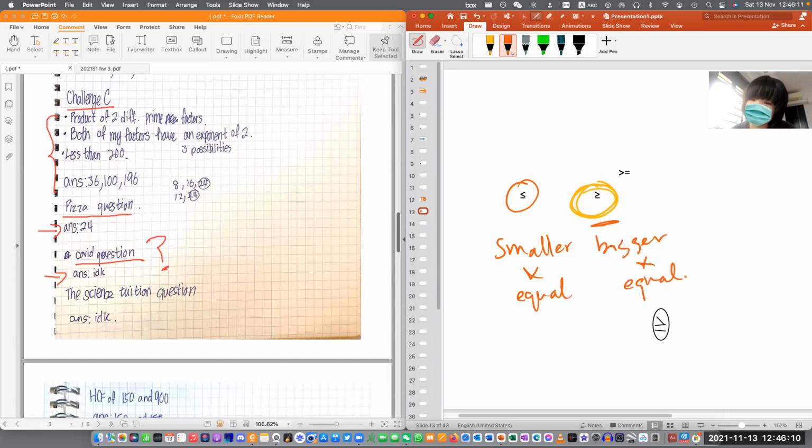Let me tell you which key you press. You go and search for the alternate key plus the smaller sign key. Press them together. Can, right? Okay, so this is the trick.